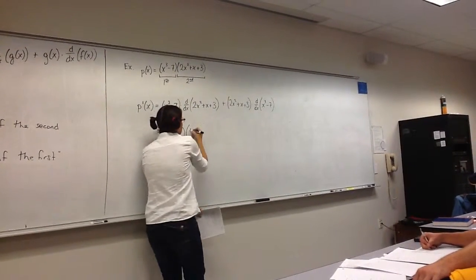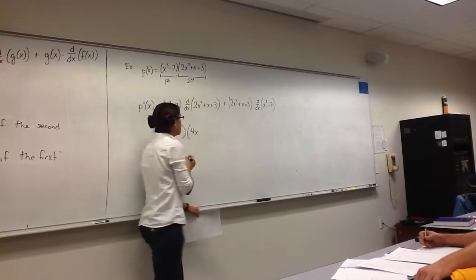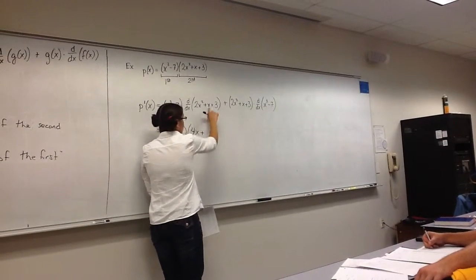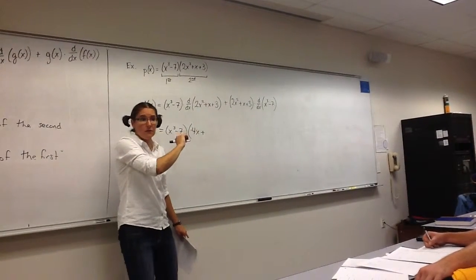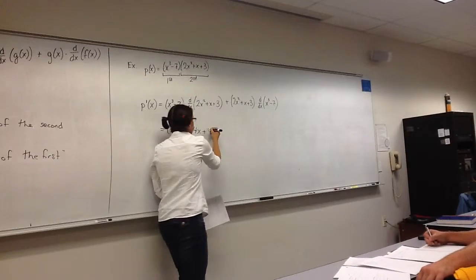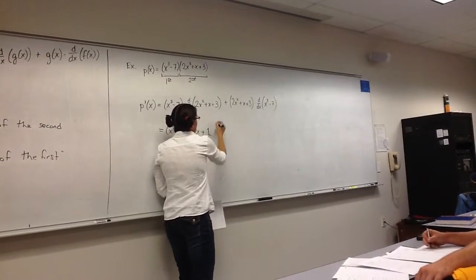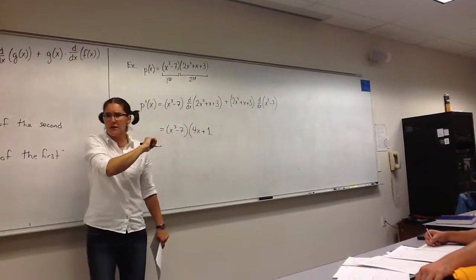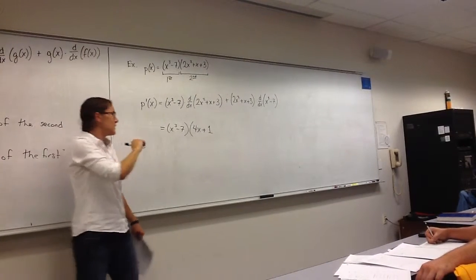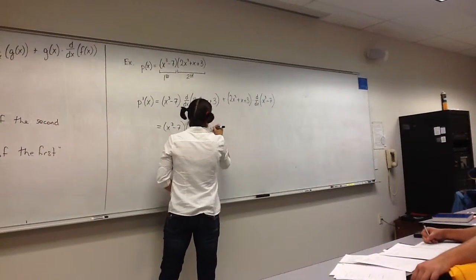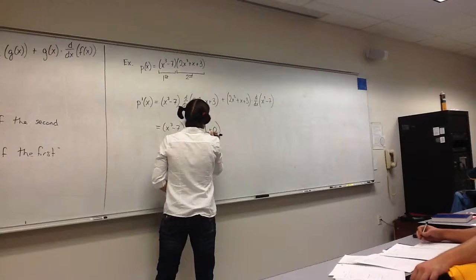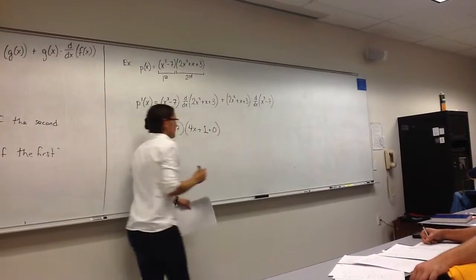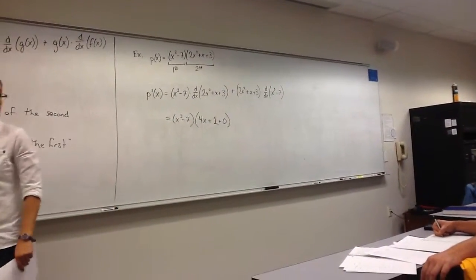So that automatically becomes 4x to the first. My derivative of x is 1, and my derivative of a constant sitting by itself is 0. So I'm going to write the plus 0 this time, but after about the first 49 of them, then I'll stop writing that plus 0.